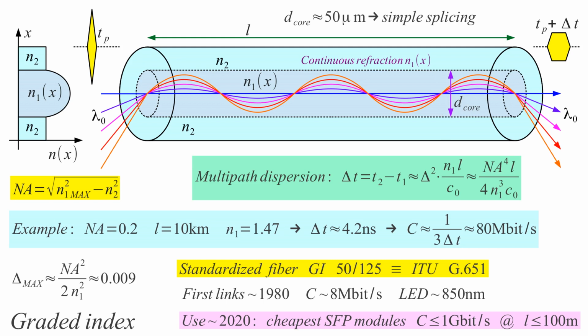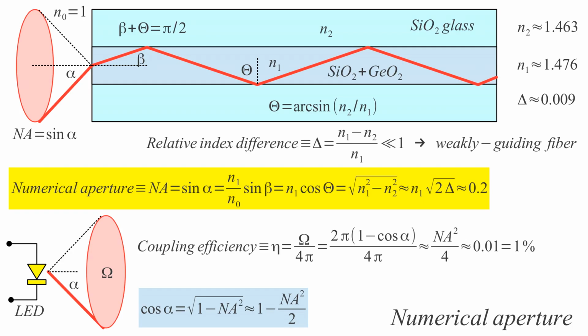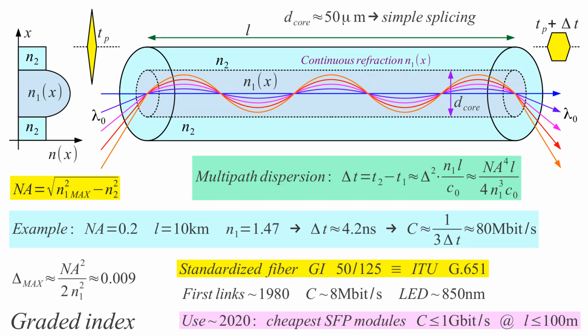The other thing that is also worth mentioning here is that the only efficient light source was a light emitting diode at those times. And LEDs have a reasonable coupling efficiency of 1%, just for these fibers with thick cores, and maybe also a graded index profile.